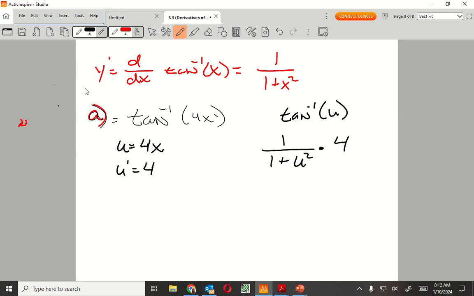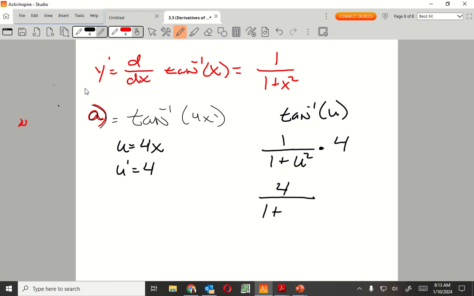And then let's plug it in and clean it up a little. 4 times 1. That should be easy, right? So I'm going to have 4 over 1 plus, now sub it back. If my u is 4x and all of that has to be squared, what am I going to replace that with?